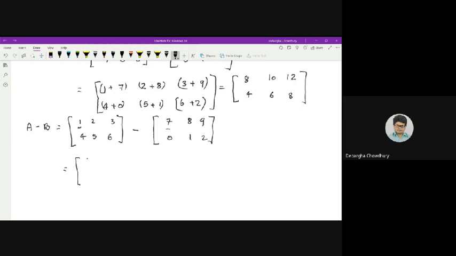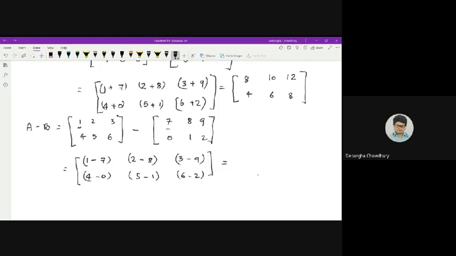So it's 1 minus 7. Similarly, 2 minus 8, the first row second column of the two matrices, 3 minus 9, 4 minus 0, 5 minus 1, 6 minus 2.